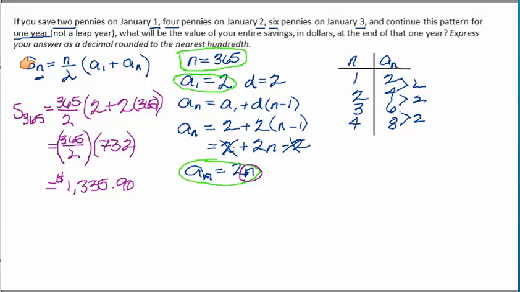And in order to complete the formula, you're going to need to know what n is, you need to know a sub 1, a sub n, and d, the difference, the change that's happening. And usually you're going to find all of that.